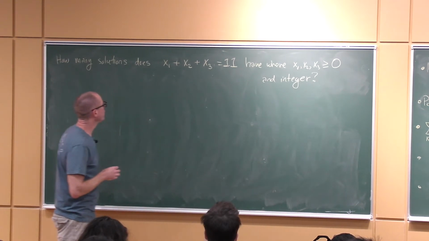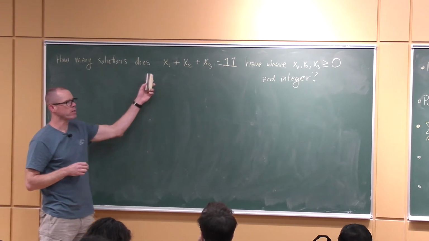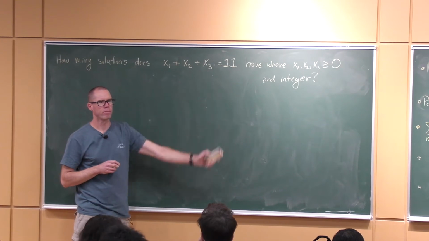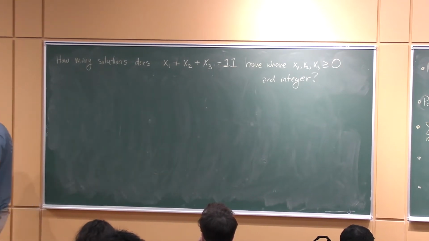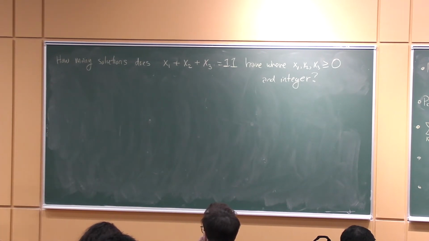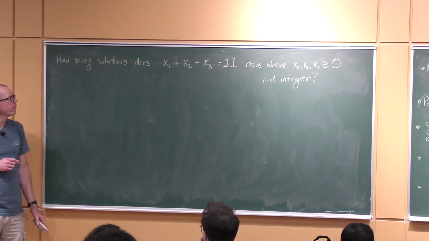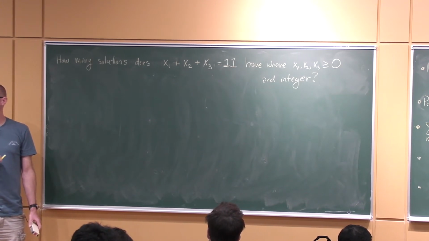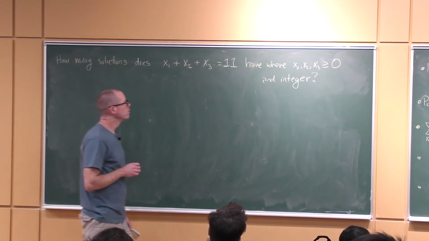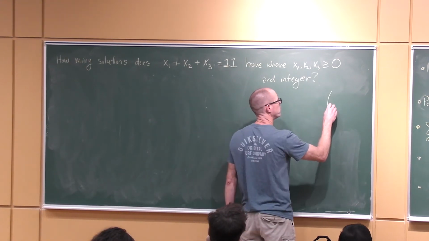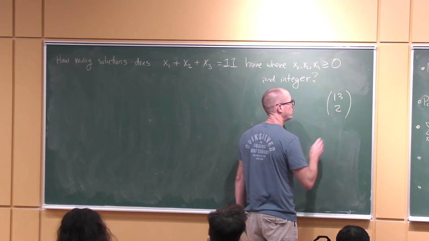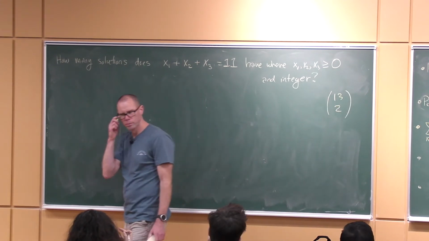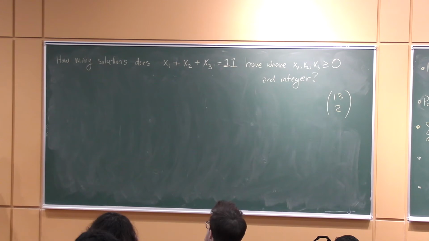So how many non-negative integer solutions does this equation have? Any guesses? So I'll tell you the answer. It's 13 choose 2. Any idea why?